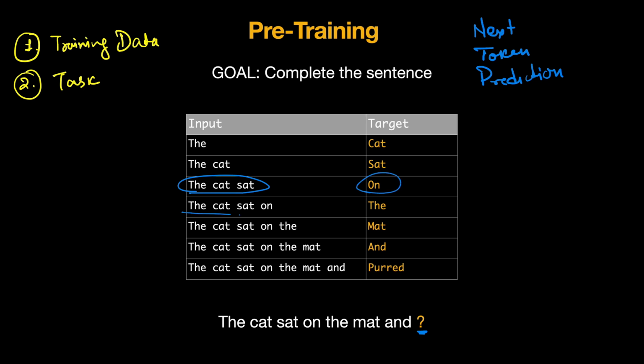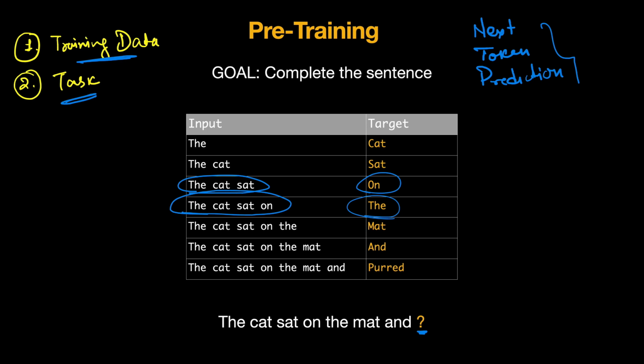If the input is "the cat sat on," the next token that we want the model to predict is "the," and so on. This way we can create multiple training examples from a single sentence, and we can also use any sentence from a valid text. And we have created a large corpus of dataset for us. So the task is next token prediction, and the dataset is any text from books, news articles, websites, etc.